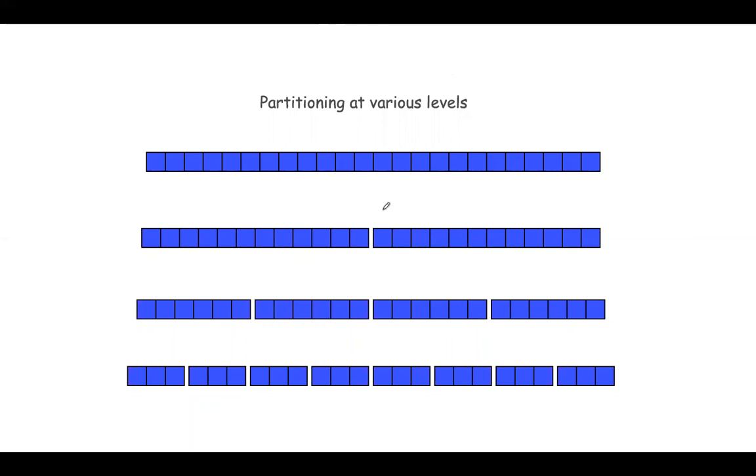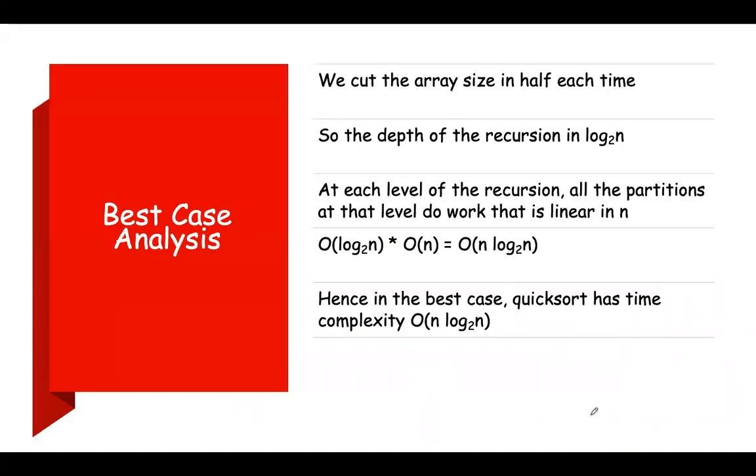Usually you won't get such an array, but if you happen to get such an array wherein it will go on dividing the array into equal parts, left equal, right equal number of parts, then we will arrive at the best case of quicksort.